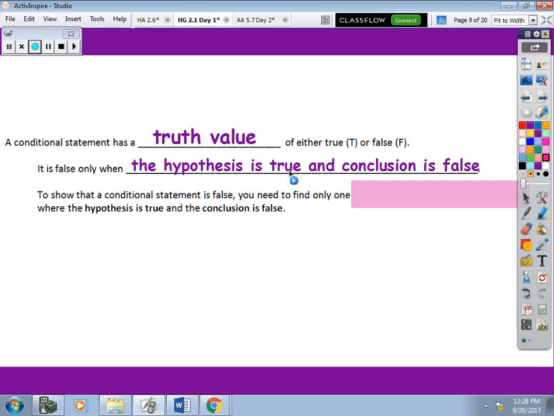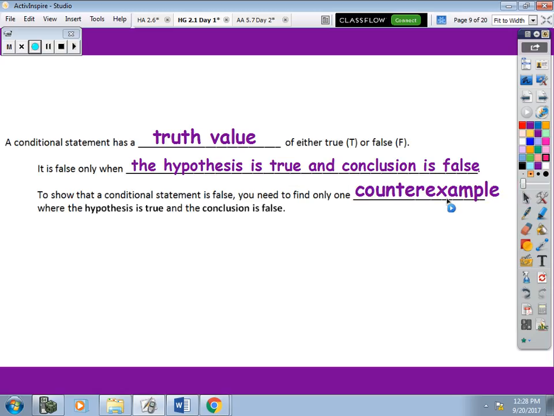Let me give you an example of that. If it is period 9-10, then I'm in English class. So you have to keep the period 9-10 part true. We're not in English. So then the whole conditional becomes false.